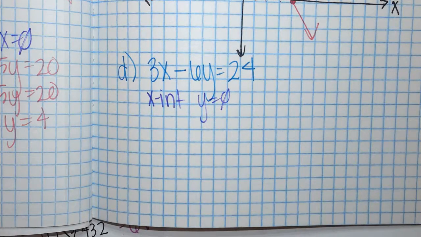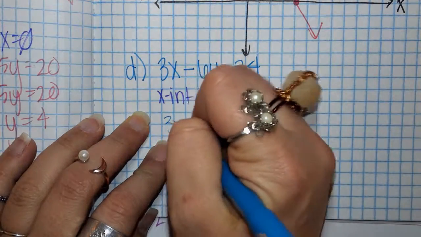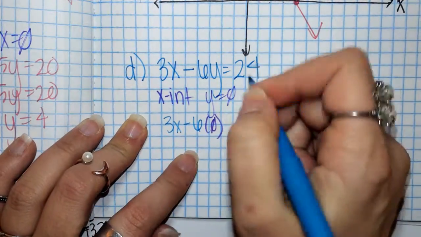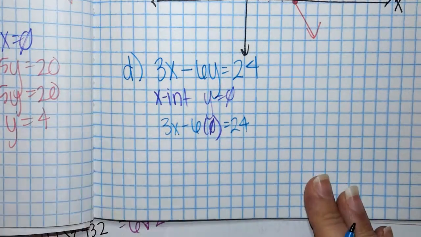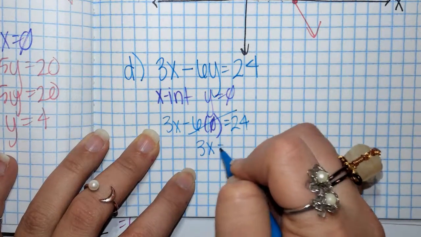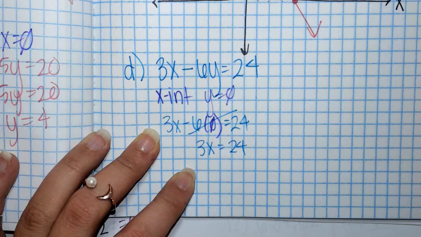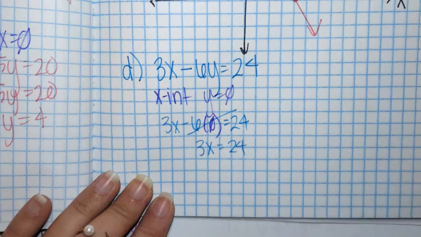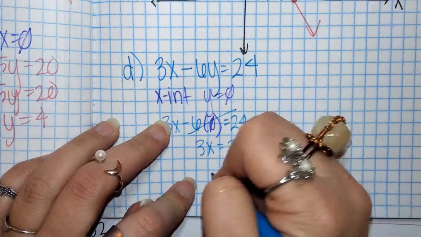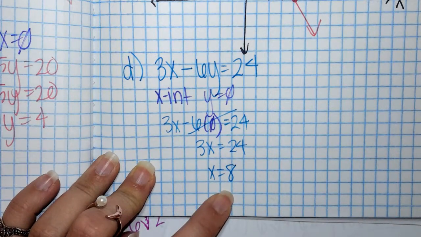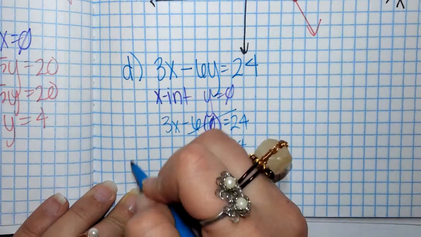Who can help me? 3x minus 6 times 0 equals 24. Alright, what's 6 times 0? 0. So that cancels. You're left with 3x equals 24. Alright, let's pause and let everybody catch up. Divide by 3, so what does x equal? 8.